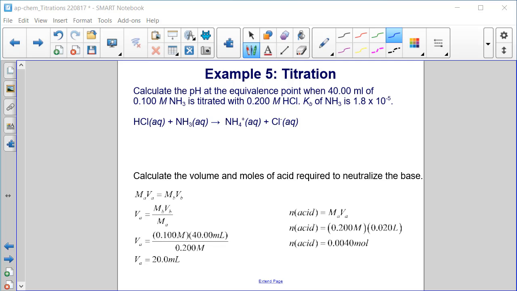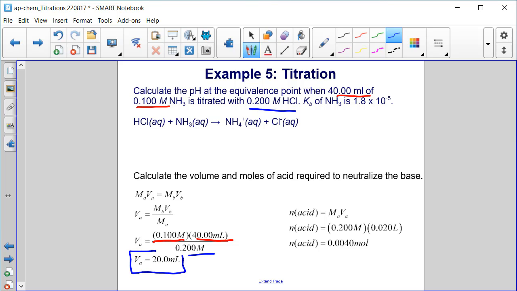All right, first let's calculate the volume and moles of acid required to neutralize the base. So the volume of the acid at the equivalence point is just the concentration of the base, which is 0.1 molar, times the volume of the base, which is 40 milliliters, divided by the concentration of the acid, which is 0.2 molar.